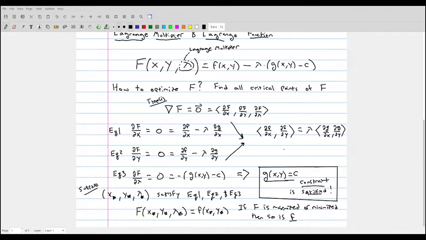Well, this is an equation that's directly telling us that the two-dimensional gradient vector of the function f has to be equal to a constant lambda, that Lagrange multiplier constant, multiplied by the gradient of g, our constraint function.